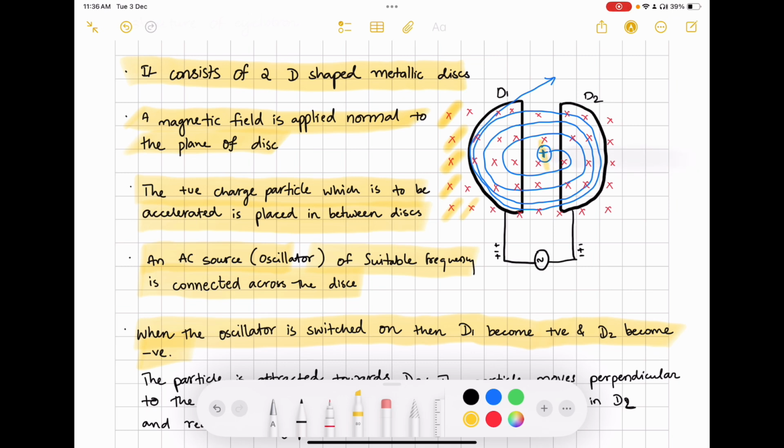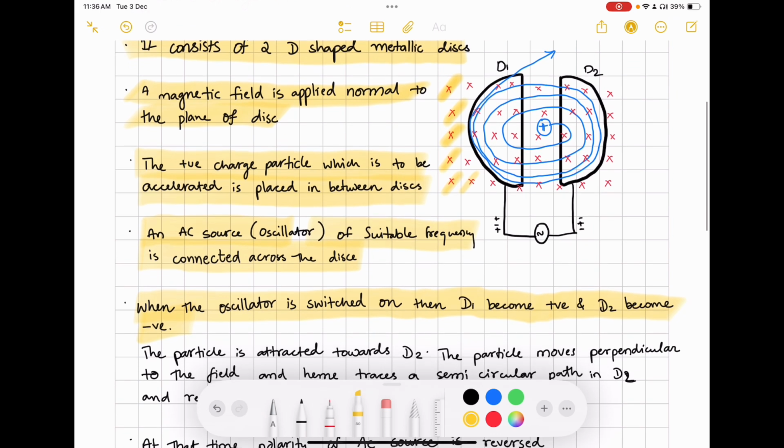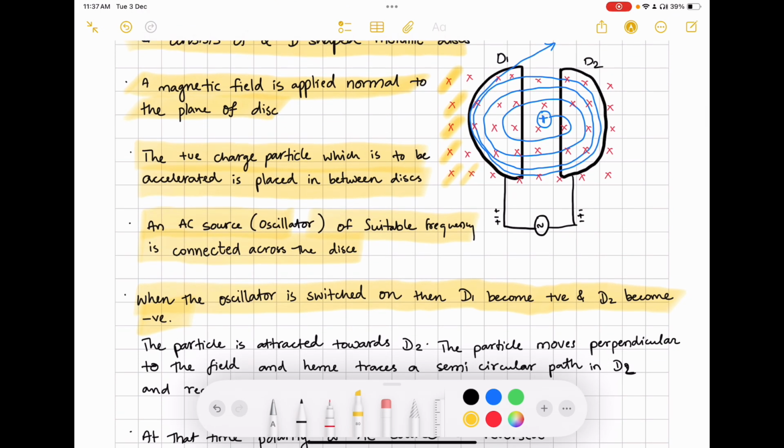The positive charge will be attracted towards D2, and it moves perpendicular to the magnetic field. That is, the magnetic field is into the plane of the paper, and the charged particle is moving perpendicular to it.